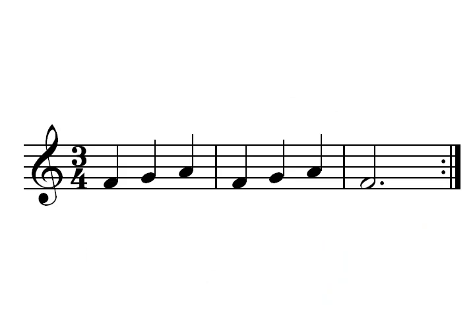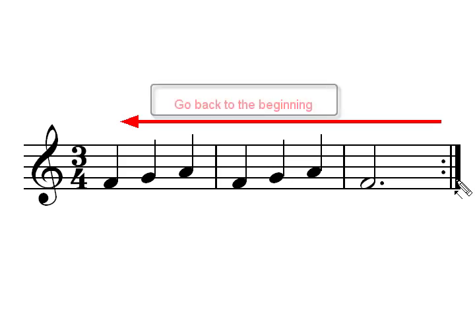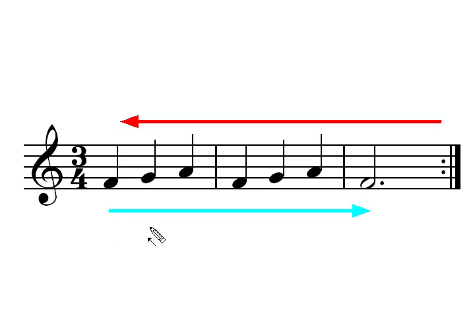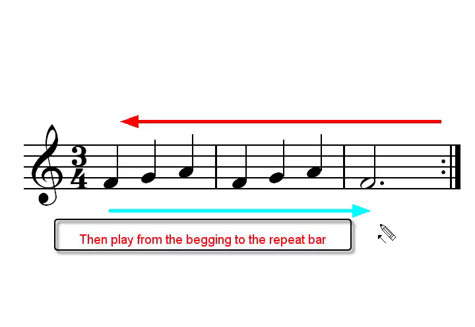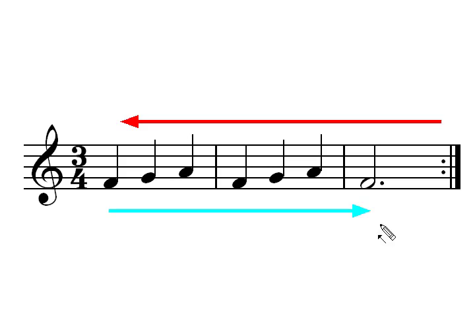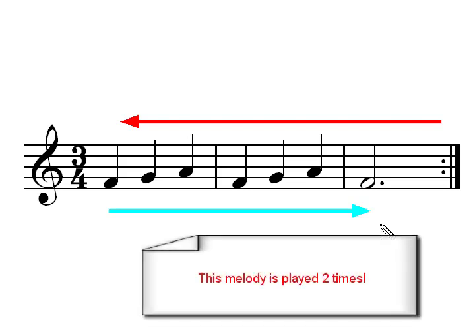Now what this means is that when you come to the repeat sign, it tells you to go back to the beginning. Then you play from the beginning towards the 3rd bar again. So all in all, you will play this melody 2 times.